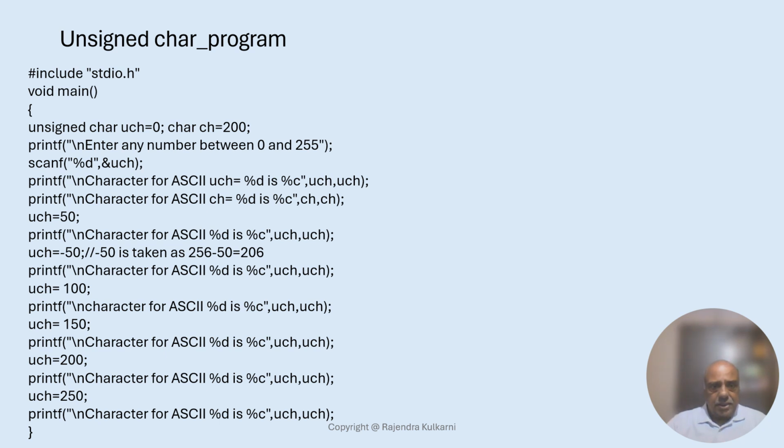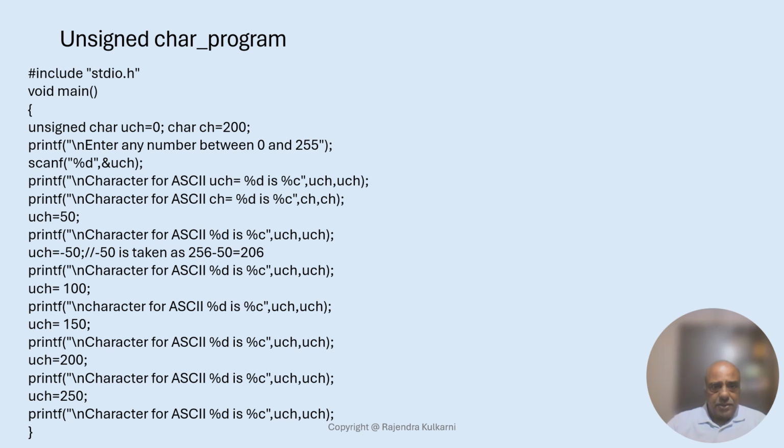We are again asking the user to input an ASCII code. We are outputting the character for ASCII UCH is equal to %d is %c.